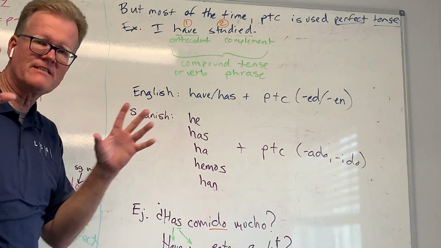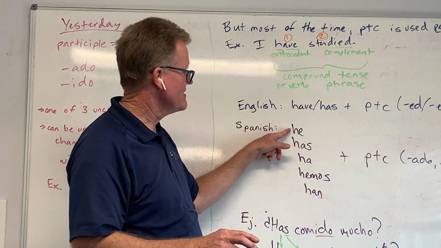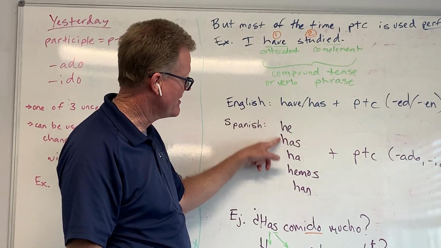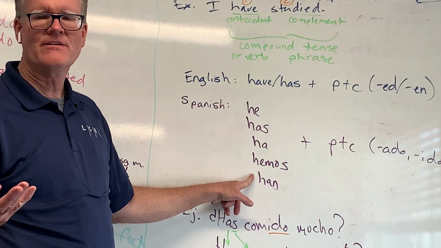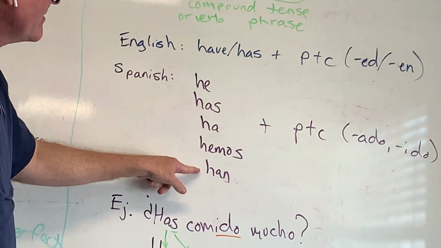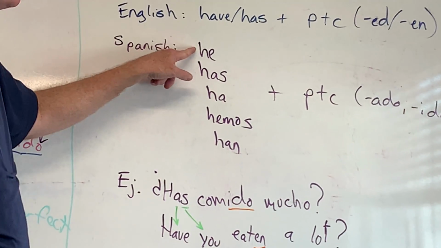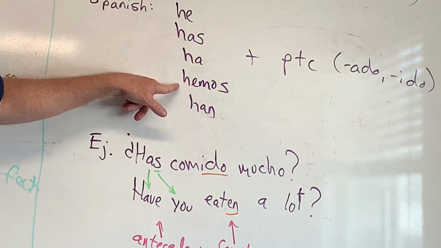Now, this is what we got to learn. In Spanish, the antecedent is these forms. Okay, so we already know that in Spanish you have really 6 conjugations, but we always skip the fifth one, right? And we just put up 5. So here they are. This is he, has, ha, hemos, han.